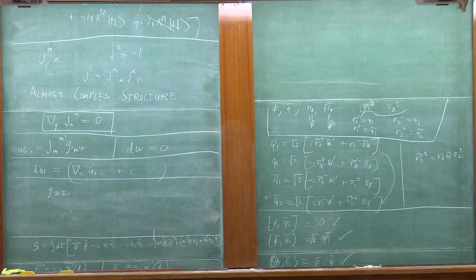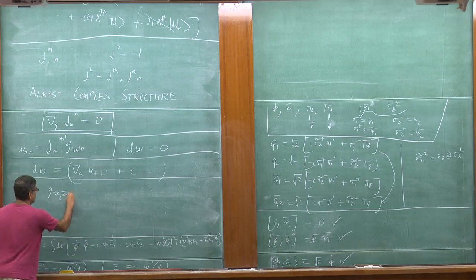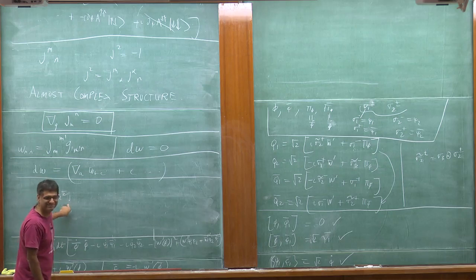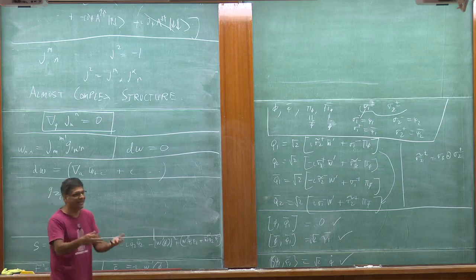You probably wanted that the only non-zero components of the metric are of the form G_{z^i z-bar^j}. Now this should do it. Now it does it, you see. Why is it antisymmetric? Because J acting on a z index gives you an i, but J acting on a z-bar index gives you a minus i.